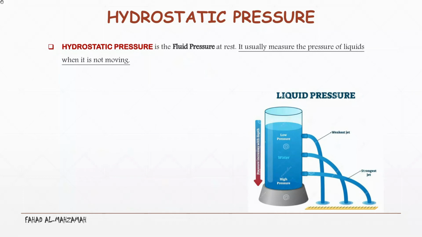Someone of you will say that if you have a container and you punch a hole on the top side of the container, you will see that the liquid comes out with a very low velocity.